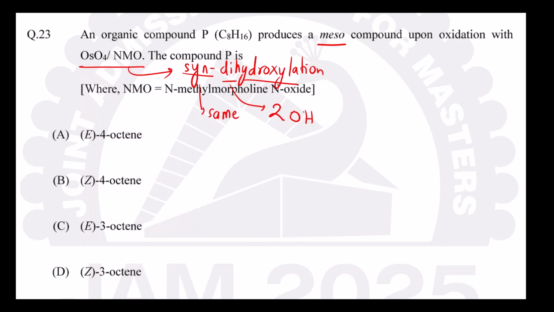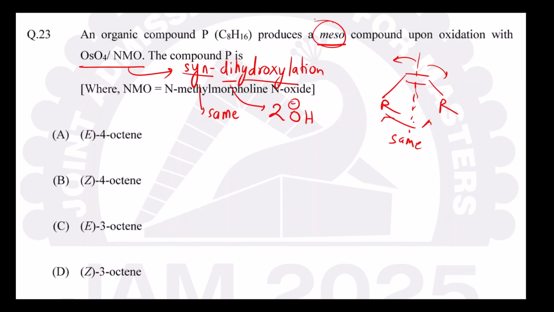Two hydroxyl groups will be attached to the alkene from the same side, and we want a meso compound. Meso compound means the alkene's R groups must be the same. Then only when you draw a plane of symmetry, this part and this part both will be the same.